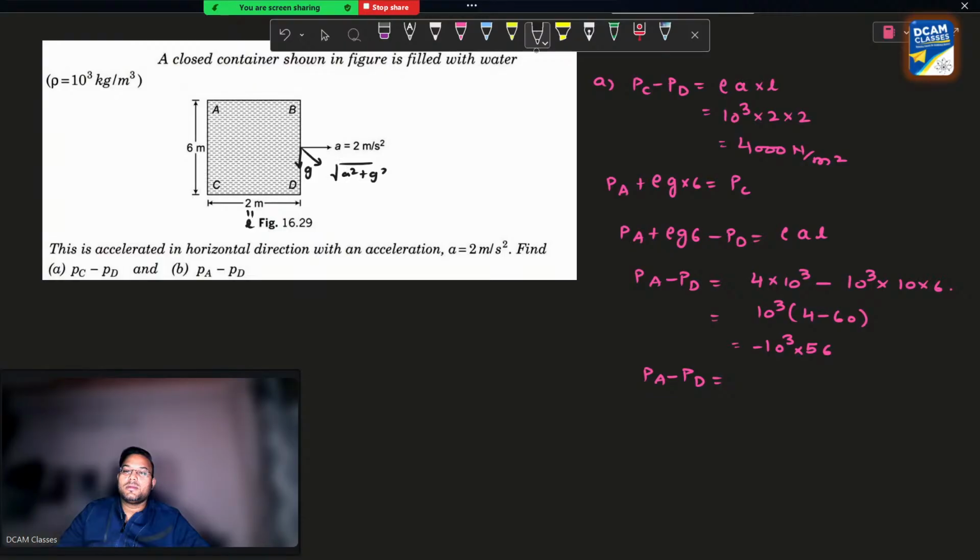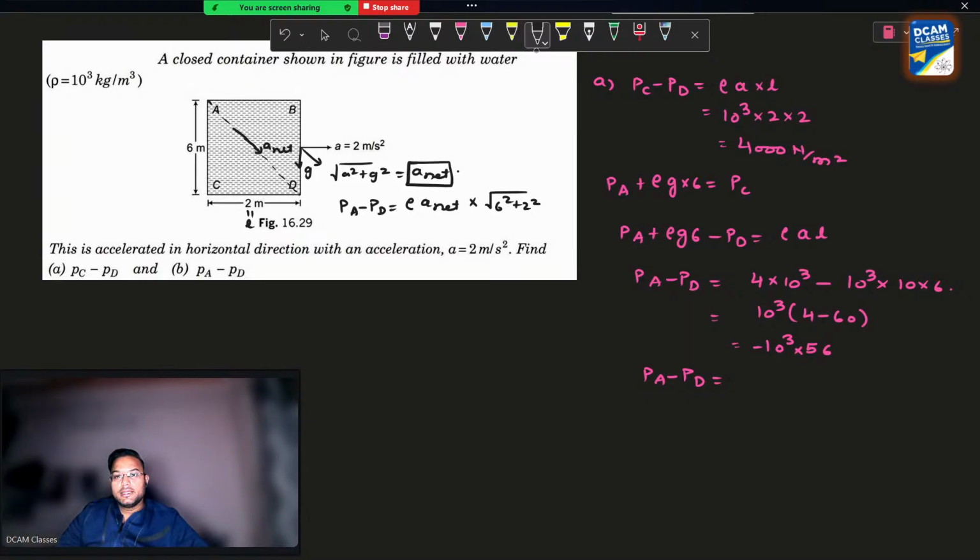But again, there is a problem. It's not necessary that the acceleration root of A square plus G square will be along the hypotenuse. If this net acceleration was along this direction, A net, the resultant, then you can do like this. PA minus PD will be equal to rho into A net into this hypotenuse length, that's root over 6 square plus 2 square. But for that to happen, this A net acceleration should be along the hypotenuse. Otherwise, no.